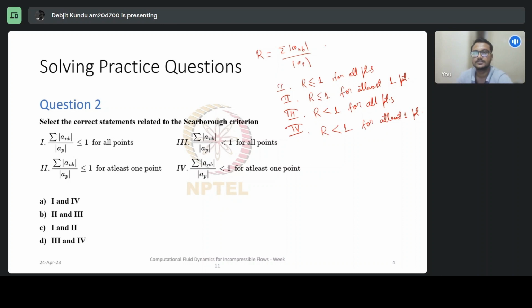The options given below are option A, 1 and 4, option B, 2 and 3, option C, 1 and 2, and option D, 3 and 4.